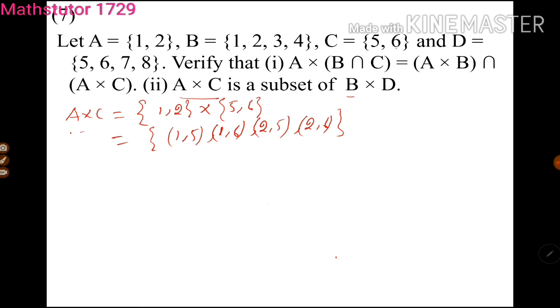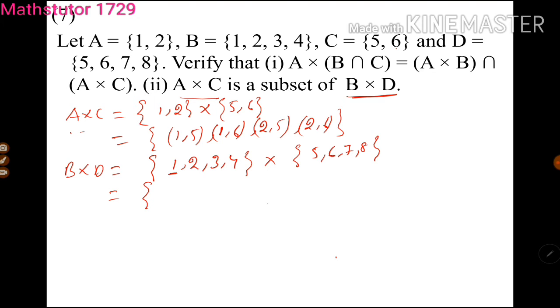Now find the Cartesian product B cross D. What are the sets B and D? B is 1, 2, 3, 4 and D is equal to 5, 6, 7, 8. Now make the ordered pairs. First fix the element 1: (1,5), (1,6), (1,7), (1,8).